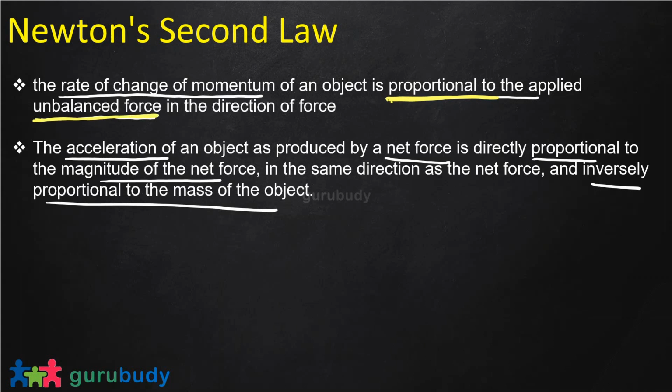Okay, that is the resultant force on the object. And second is saying the acceleration is proportional to the magnitude of the force, and direction would be same as force, and also inversely proportional to the mass. So it is telling the definition in the wording format. So it's pretty simple. I think the discussion we had will make things easier.